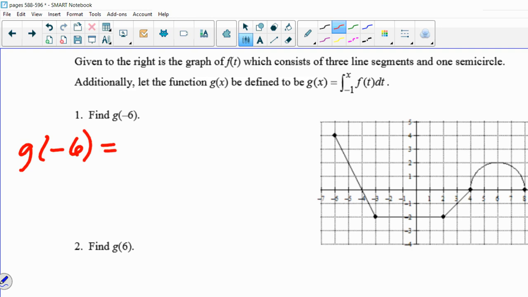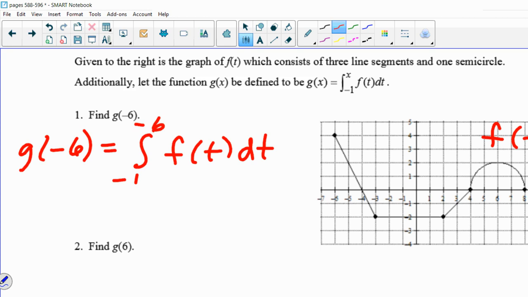G of -6 is going to be the integral from -1 to -6 of f of t dt. Now remember, this is f of t. The first thing I don't like about this is that we're going from -1 to -6, which means we're going from big to small. We got to turn that around. The opposite of the integral from -6 to -1.